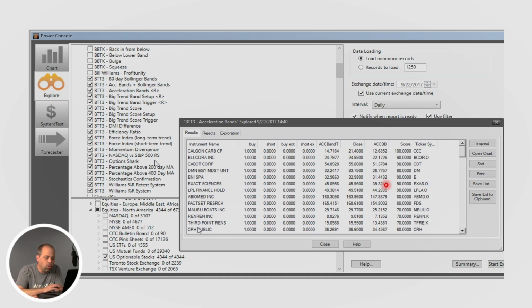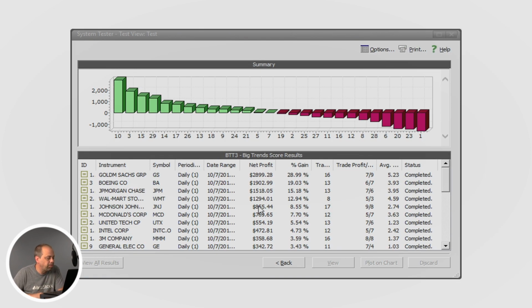And with the scoring, that's basically what's going to allow you to do that. You can say, okay, based on the scan that we ran today, Calgon came up as an acceleration band. For those of you that are not familiar with Price's work, that means it's accelerating into a trend. And it also had a perfect score of 100, so that'd be the first one you'd look at. And then I wouldn't ignore these 80s and 90s as well.